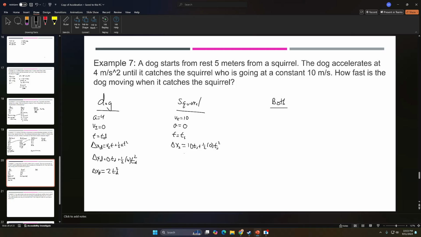Here it is equal to 10t squirrel. Still can't solve either of these, but that's all right because now we consider the both.